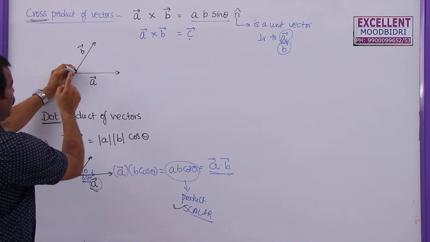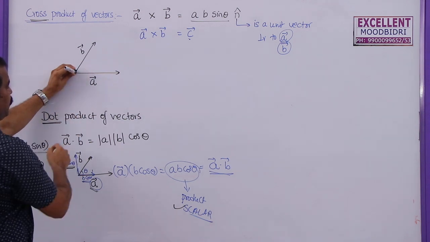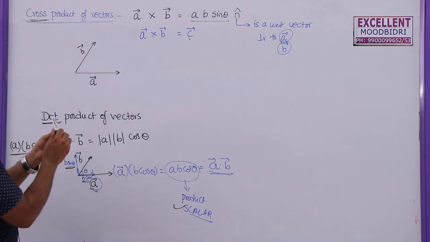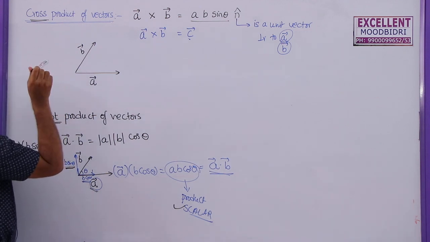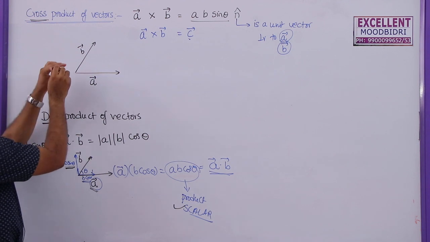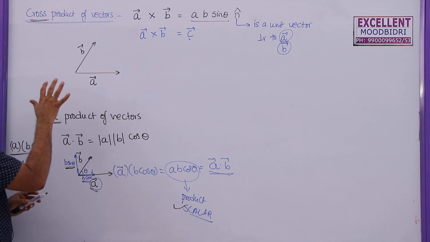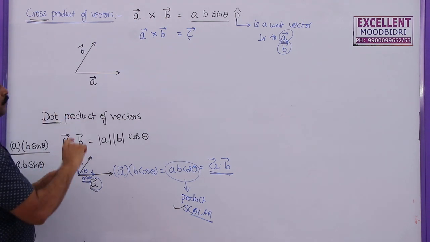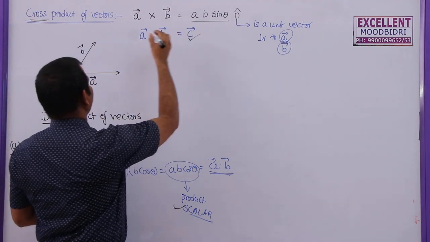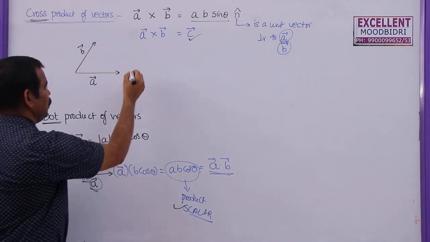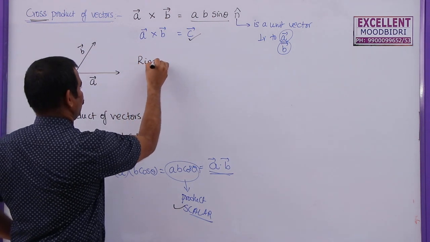So this C bar is perpendicular to A bar and perpendicular to B bar, and we may have doubt. Suppose if this vector is acting into the board, then also this is perpendicular to A bar and B bar. So now how to find the direction of the product of two vectors in a cross product of vectors? So for this we have right hand curl rule.